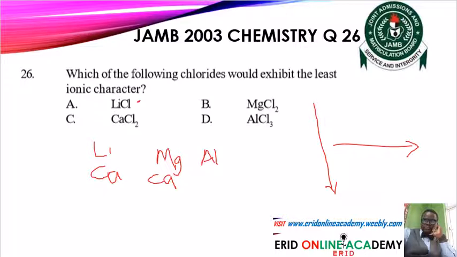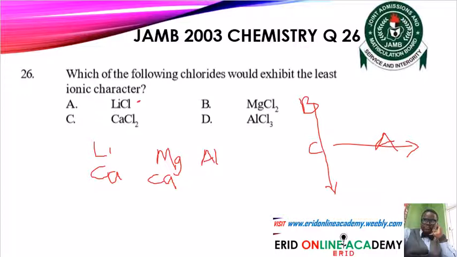For example, let me use A, B, and C. Now C and A in the periodic table: if C is in group 1 and A is in group 2, definitely the element in group 1 will have more metallic character than the one in group 2. So A, which is on the left of C, is an element with a lesser metallic character.